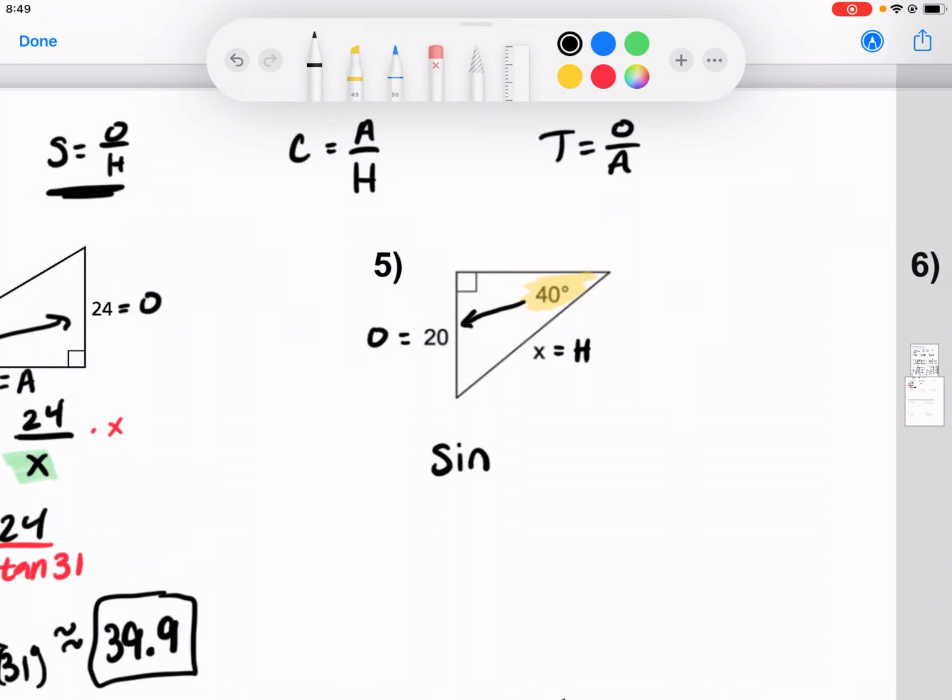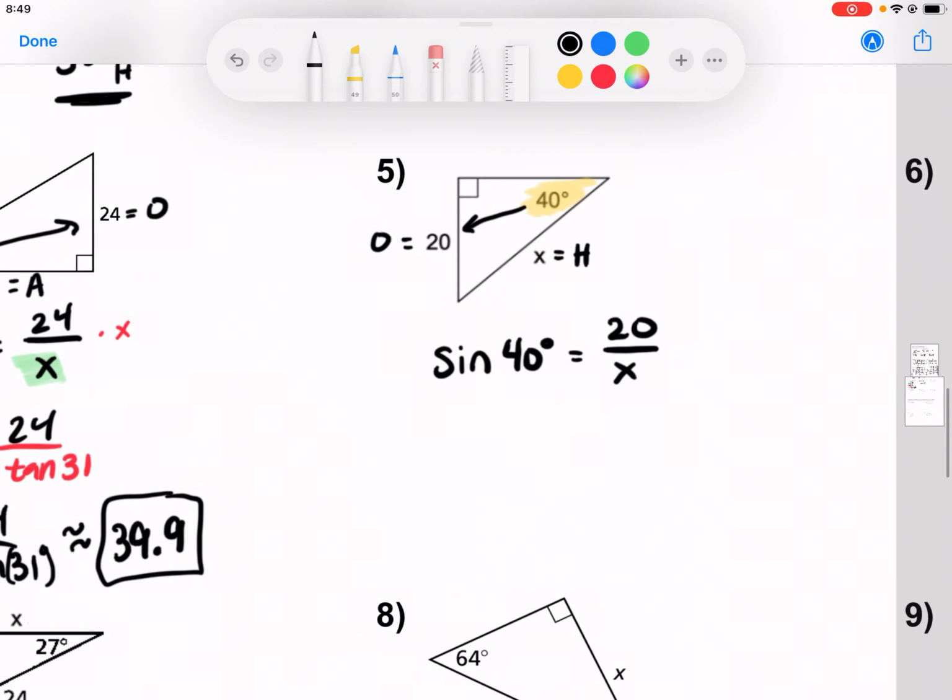So sine of 40 degrees is equal to our opposite over our hypotenuse. Using that quick trick I just showed you, if the x is on the bottom, you just swap them. So x equals 20 over sine of 40, and then we can type that into our calculator. So 20 divided by sine of 40, and you get 31.1.